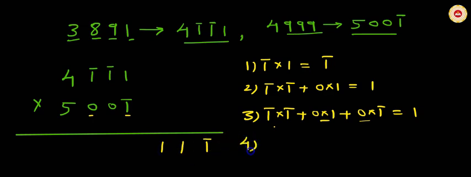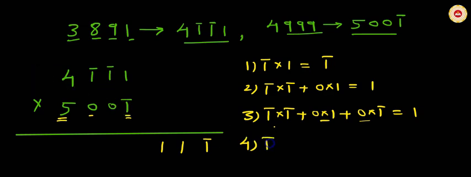Step number 4. Join the fourth column to the previous three columns. Now there are four columns. How to multiply the digits in these four columns simultaneously? Consider the outer columns first and multiply the digits crosswise.